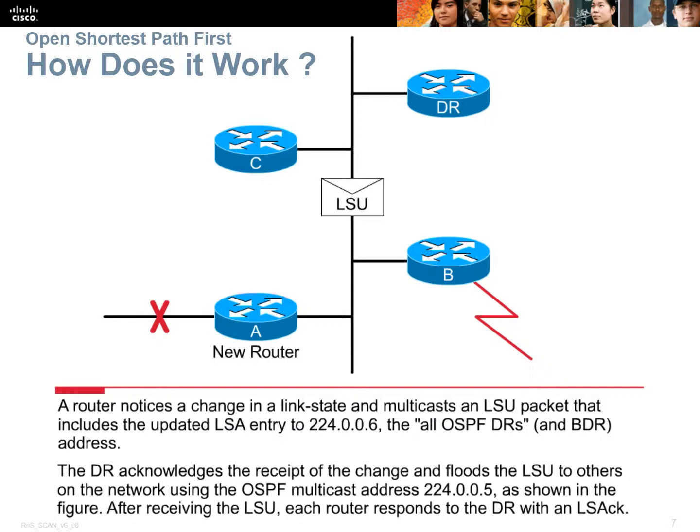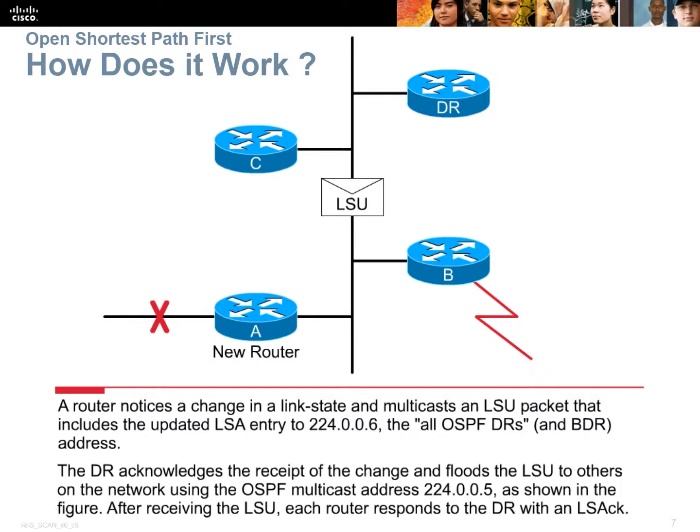Notice that this is a multicast, 224.0.0.6. So it sends a multicast address on 224.0.0.6, and that is a multicast to all designated routers on this network. Then the designated router has a responsibility to send the updates to routers B and C, all the other routers.